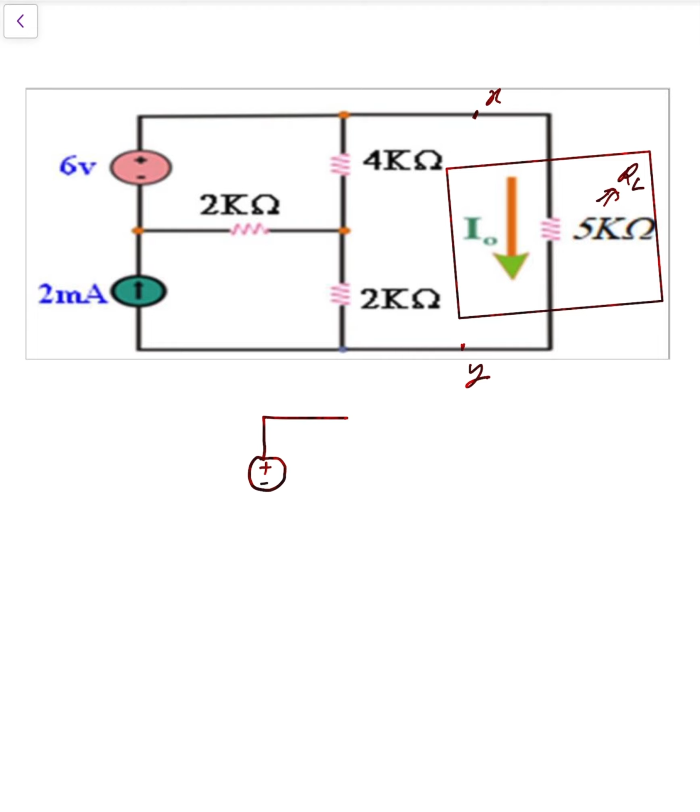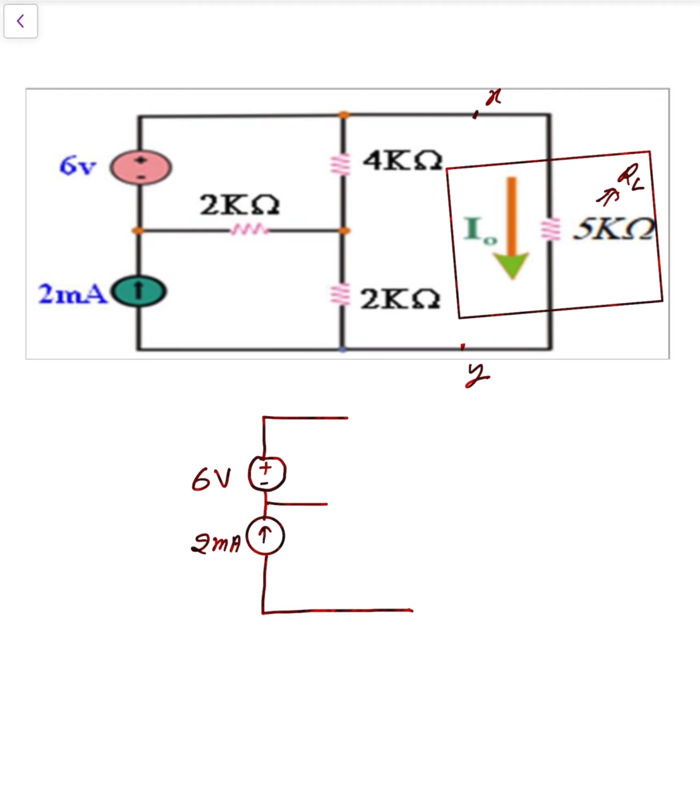Plus minus 6 volt, and this one is the 2 milliampere, a circuit like that one.